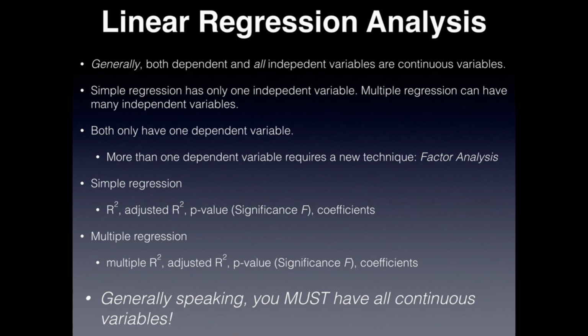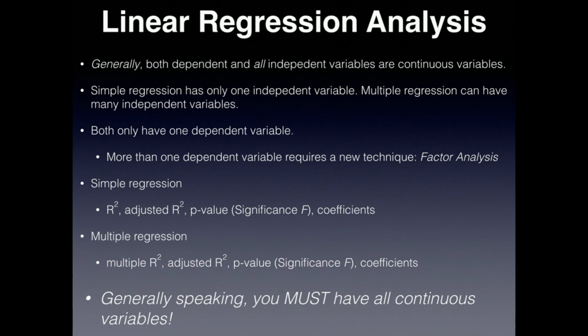You can have some exceptions, but for the most part, everything that I've ever dealt with, all the variables, regardless of whether they're dependent or independent, are continuous. Okay? You cannot have categorical variables. You cannot have ordinal variables. They have to be numbers, we'll say at the very least, but generally they're all continuous.